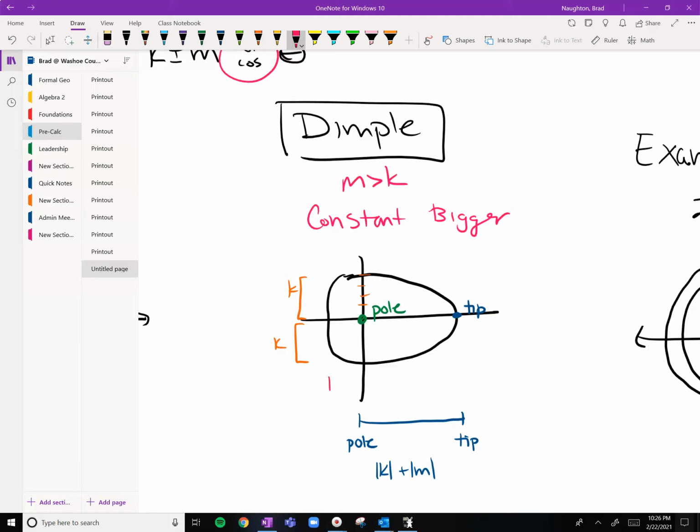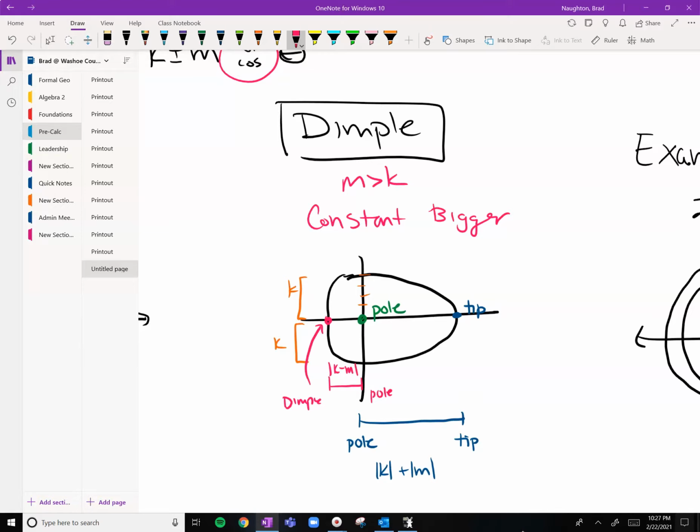And then from the dimple to our pole at the center, you subtract them. So it's a value of k minus m.